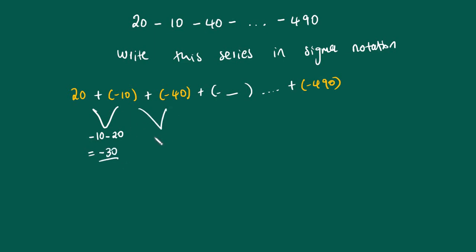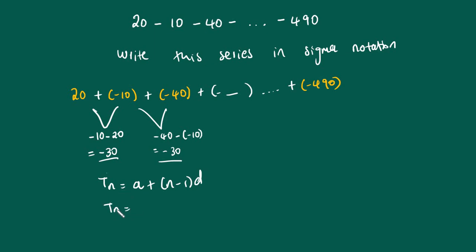Then negative 40 minus negative 10, and the answer is negative 30. Same thing. So that means this number is the same, that is your constant difference. It means this is arithmetic because you are adding the same number to get to the next term. Since it's arithmetic, we know this formula applies, because this is the formula for arithmetic, and we can now substitute.